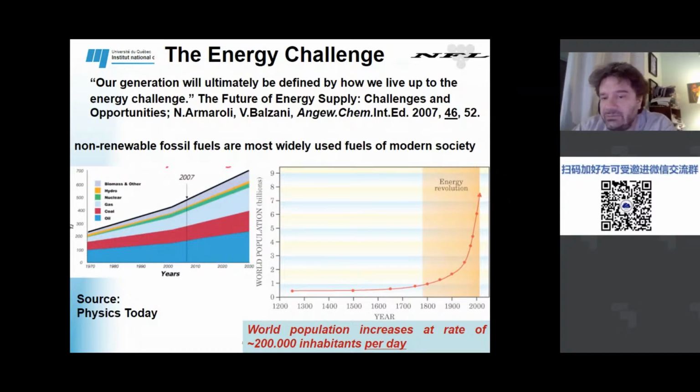And because of all the derivative technologies that have come about thanks to fossil fuels, we can call everything that happened in the last 200 years the energy revolution: the medical advances, the ability to grow more food for a rapidly growing population, the ability to travel across continents through flights that take us around the world in about one day, and so on and so forth. So that's the energy revolution, but we have this incredible dependence on fossil fuels.